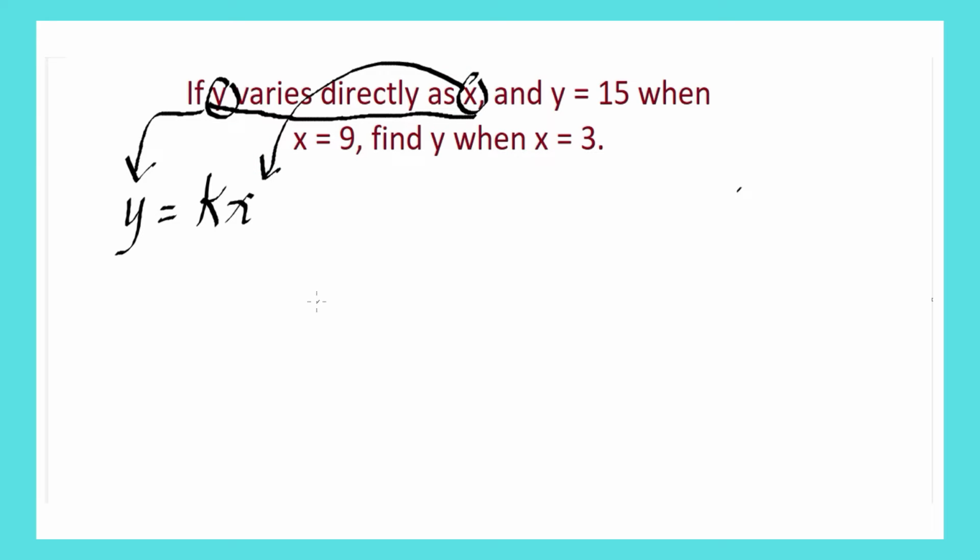So for instance, if the statement says x varies directly as y, it will become like this: x varies directly as y. So the position of the variables depends on the order in that specific phrase. You should observe the construction of that phrase.